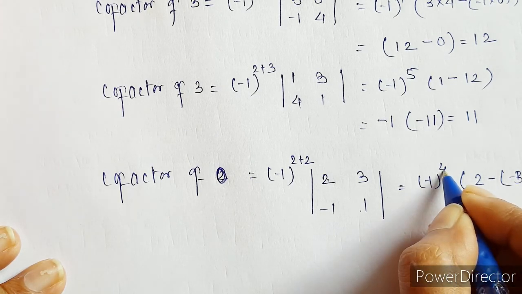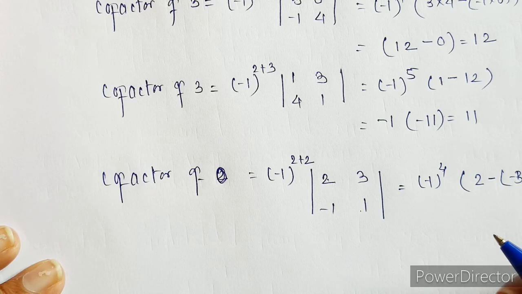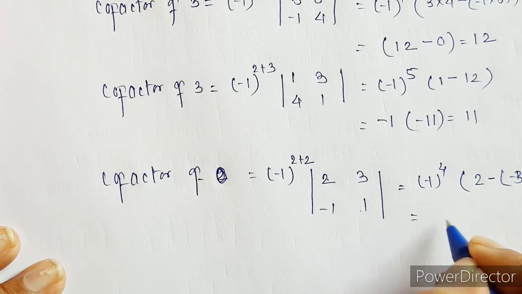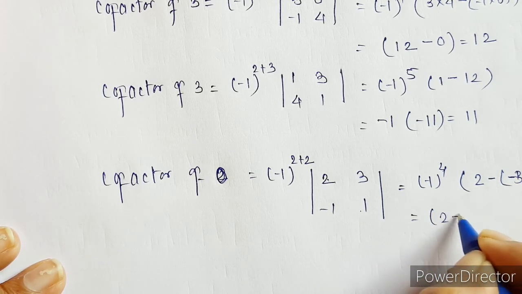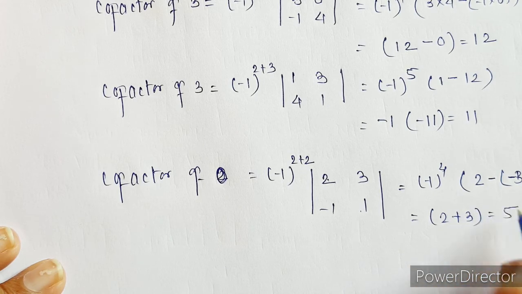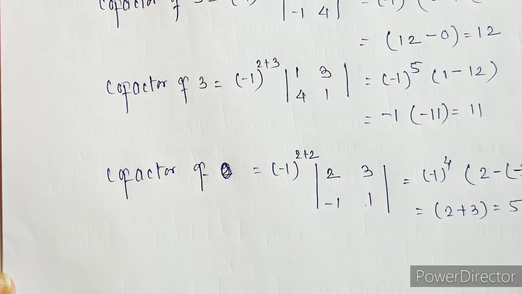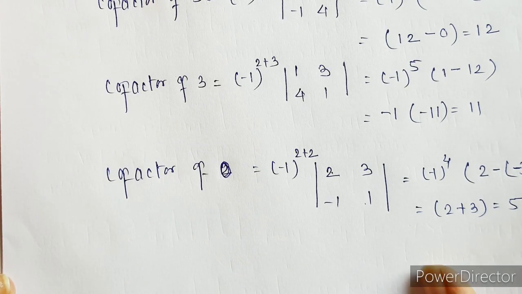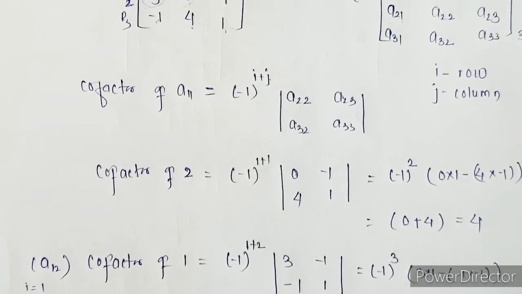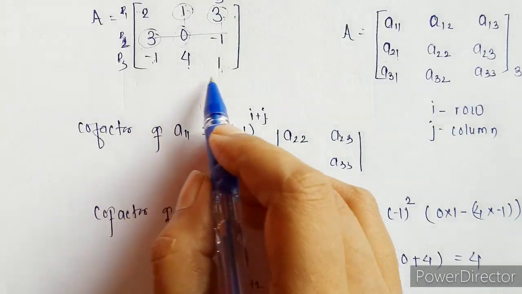Since it is raised to power 4, it will be plus 1, and here we have 2 plus 3, which is 5. So the cofactor of 0 is 5. And similarly you have to find the cofactors for minus 1, 4 and 1.